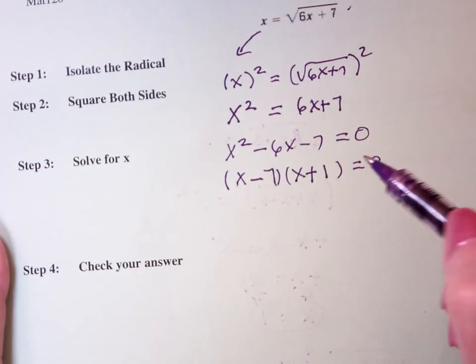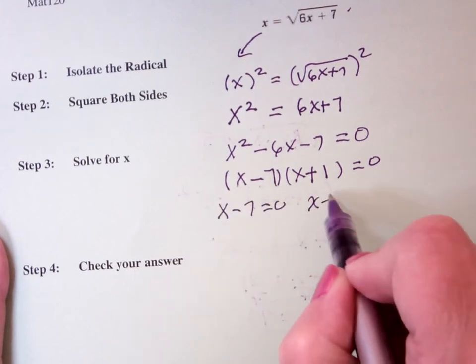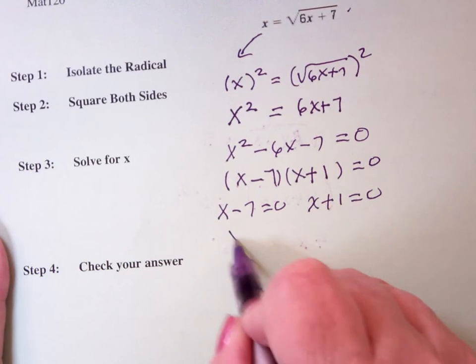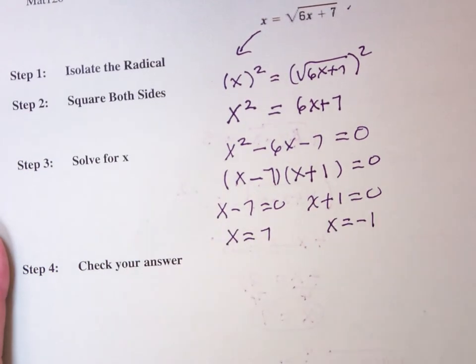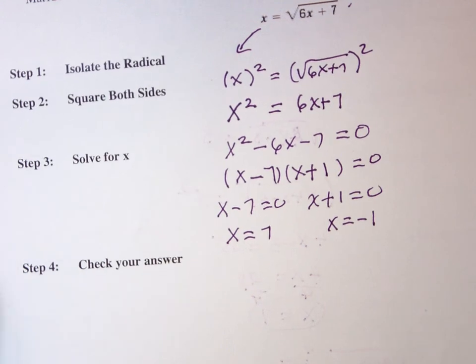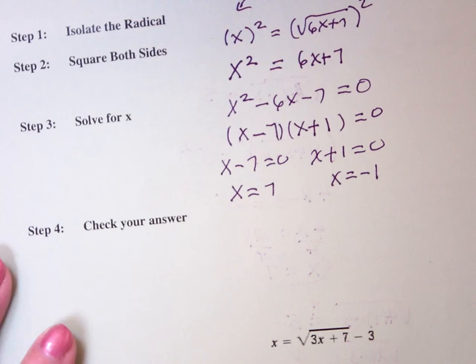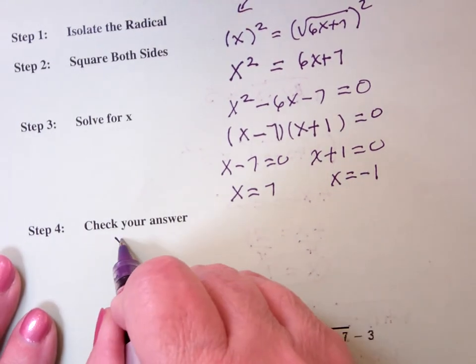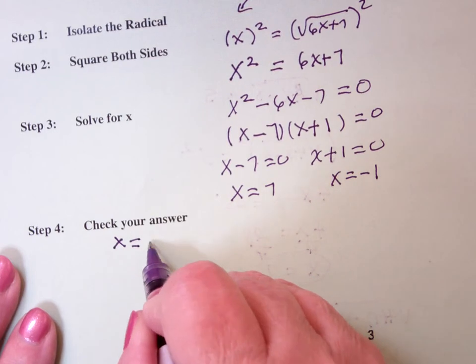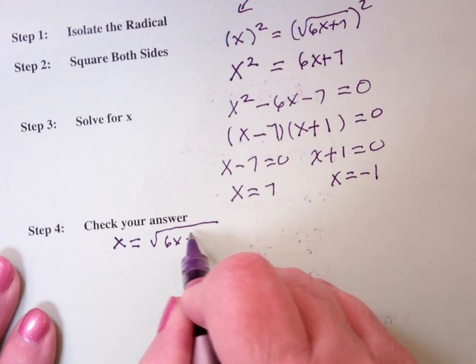We're still actively reviewing, so this is x minus 7 equals 0, x plus 1 equals 0. So x is 7, x is negative 1. Now you get to check them both, but you want to use the original problem. Is it true that x equals the square root of 6x plus 7?